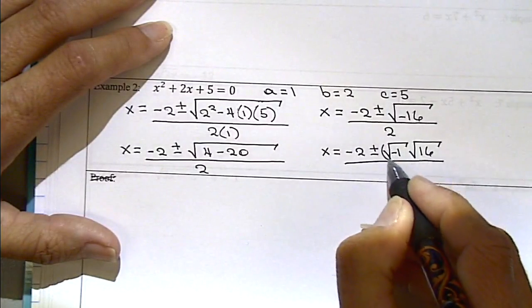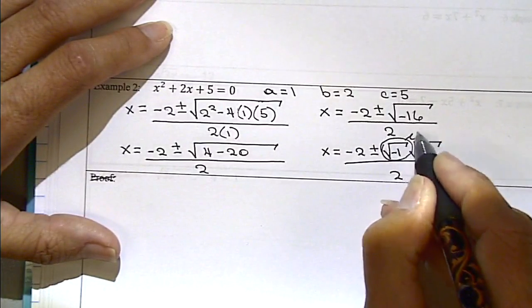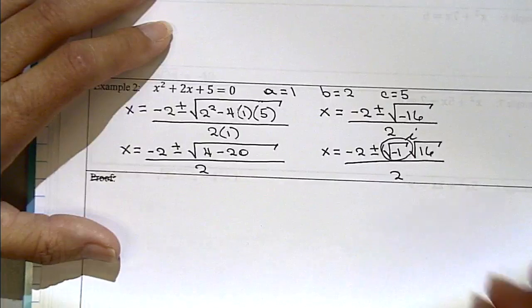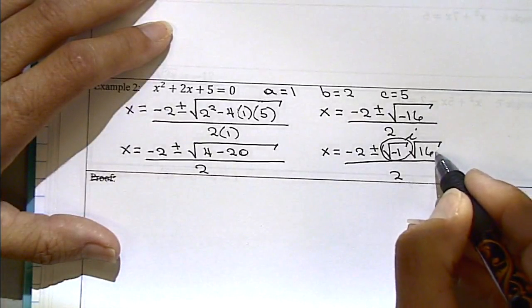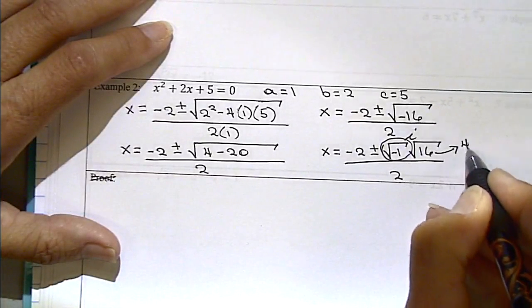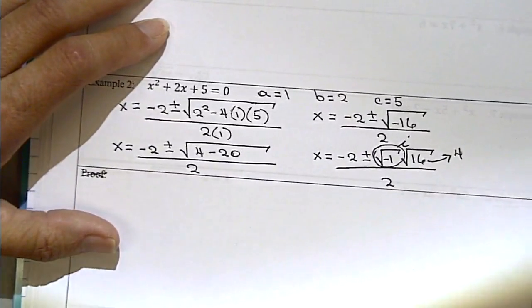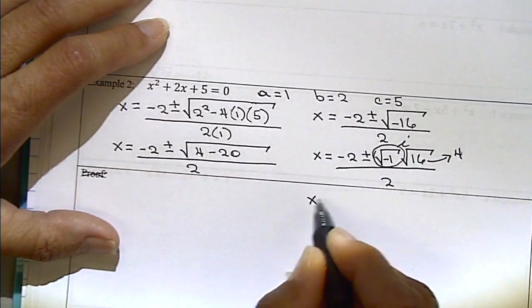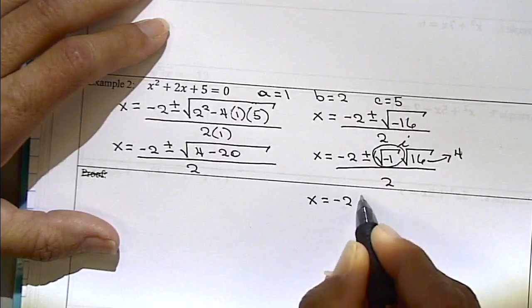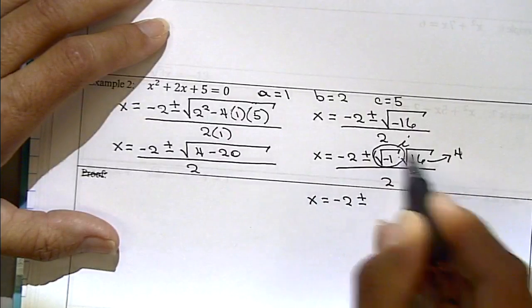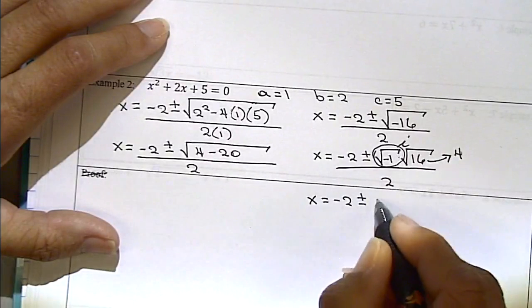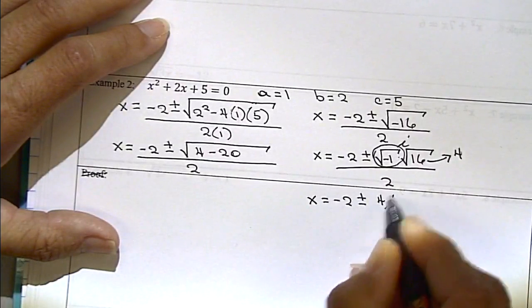I happen to know that this is the imaginary number i, and this is 4, isn't it? So I can go on down here and say that's equal to negative 2 plus or minus i times 4, which we would write as 4i, wouldn't we?